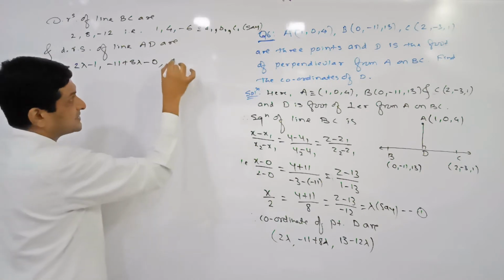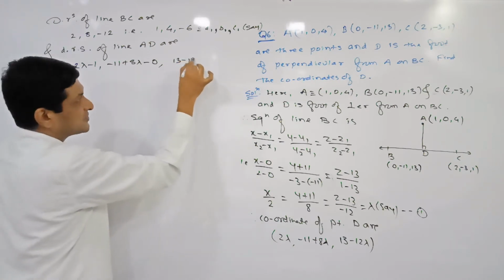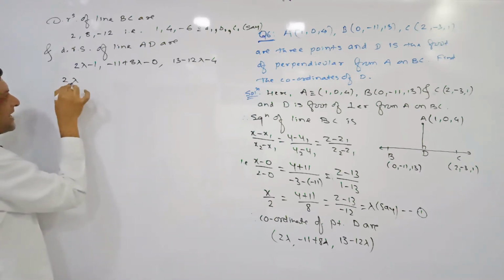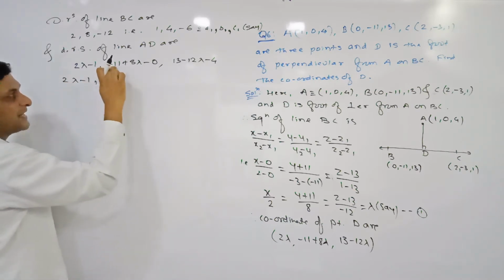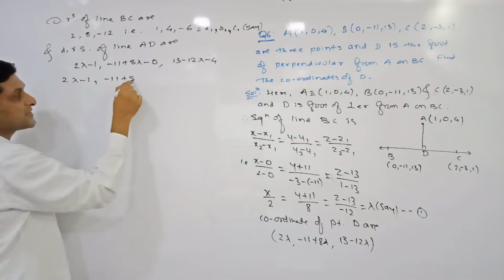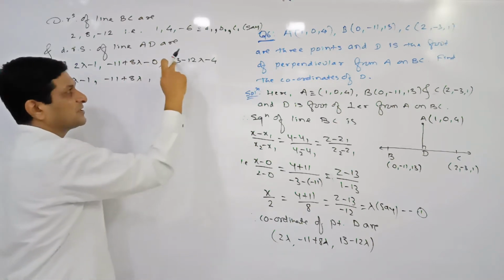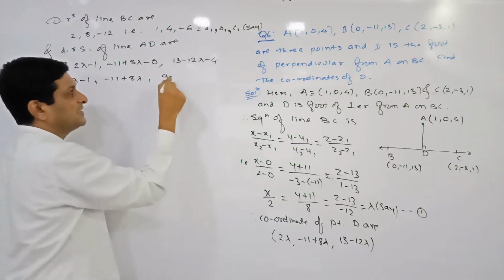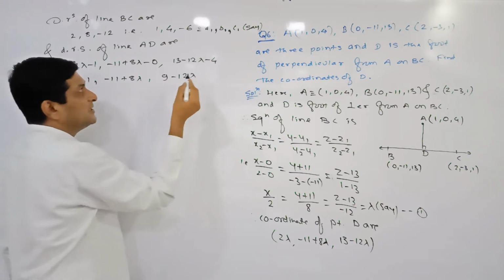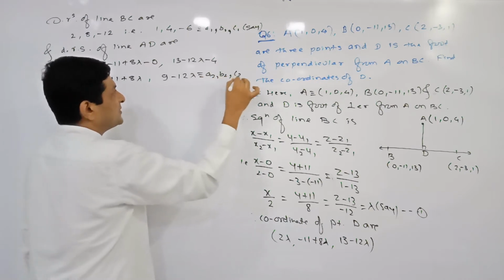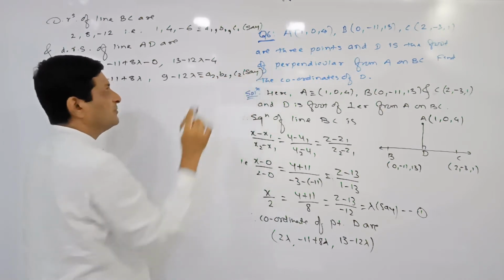And z2 minus z1 is 13 minus 12 lambda minus 4. Simplifying: 2 lambda minus 1 as it is, minus 11 plus 8 lambda, and lastly 13 minus 4 is 9 minus 12 lambda. Denote these values by A2, B2, C2.